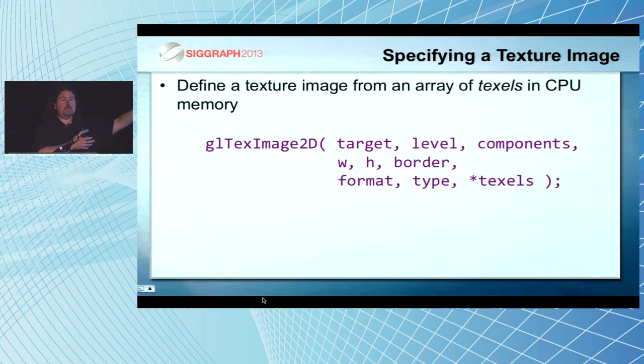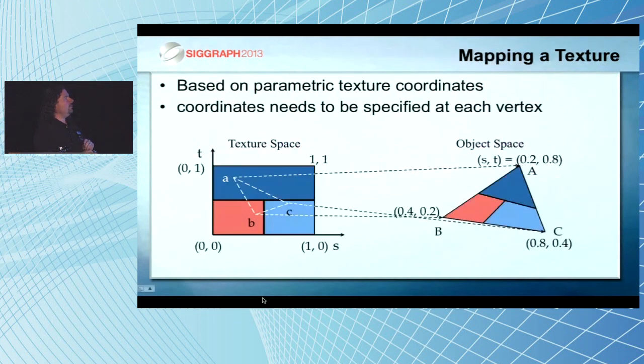OpenGL knows how to do that in processing this call. So components here kind of says, what's the internal storage format for my image? If you just put GL_RGB in there, life will usually be pretty good for you. There's a lot of options, something on the order of about 64 different ways of specifying that parameter, but that one will do you in most cases. So that was a quick run through of how you specify the texture and get the data into OpenGL. Really, it comes down to just that one call and adjusting the parameters correctly and getting the data.